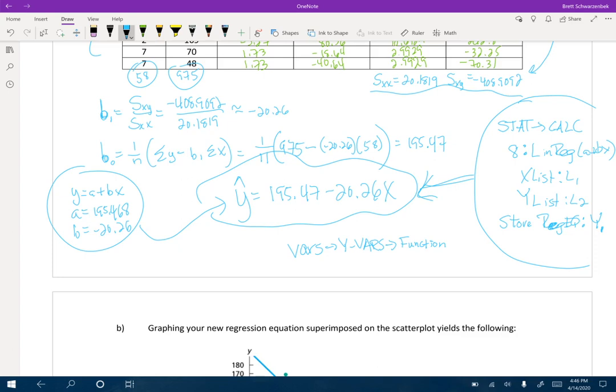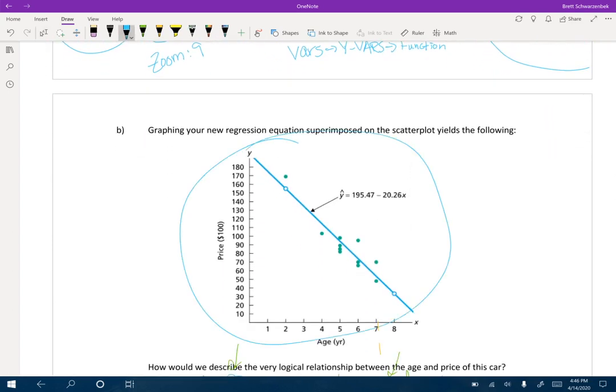We have our equation, we have what it is. So now what I want you to do is quickly hit, again, zoom and then 9, and watch the graph. What you'll see is this on your graph. You'll have the equation going through it. And why is that? If you click the y equals button, you're going to see the exact equation of your regression stored in y1.